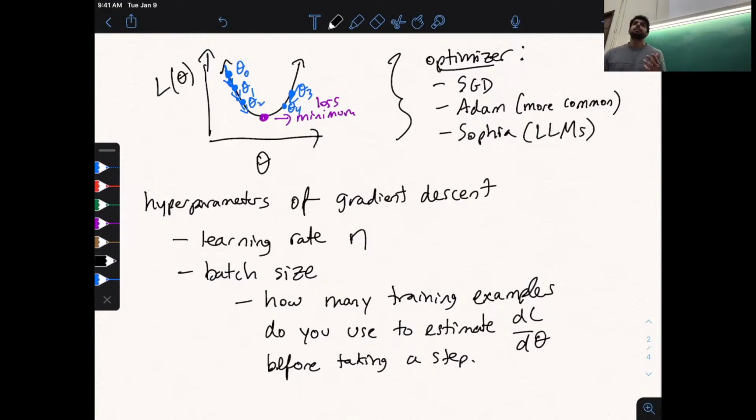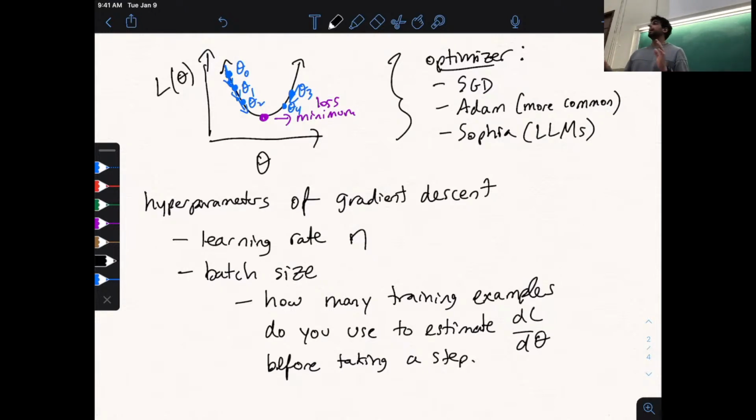That's the idea. However, there's a trade-off. It might always be good to have a larger batch size, because you get a better estimate of the gradient. But it's also more expensive to compute the gradient if you have a bigger batch size, because you are taking fewer steps if you're using more examples to estimate the gradient, right?